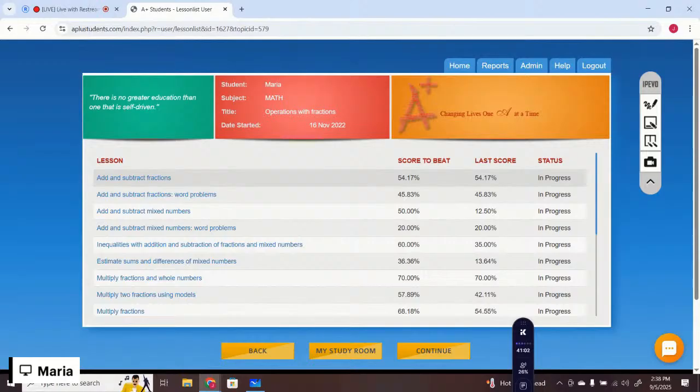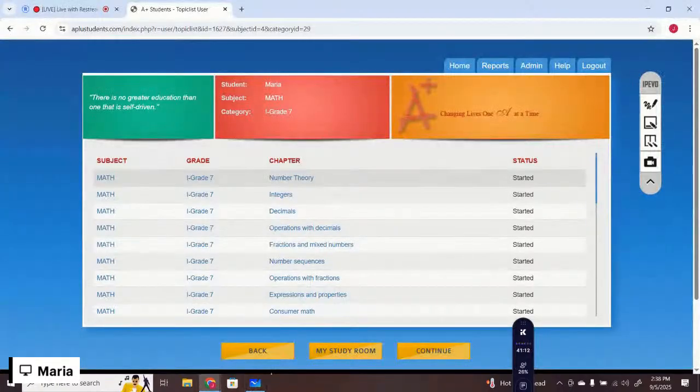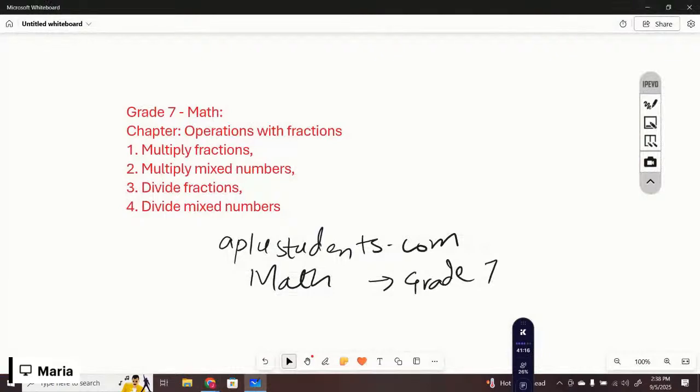The lessons we have covered today are multiply fractions, multiply mixed fractions, divide fractions, and divide mixed numbers. So please make sure before the next session you complete all the practice questions for the lessons we just did. That is your homework until next session.